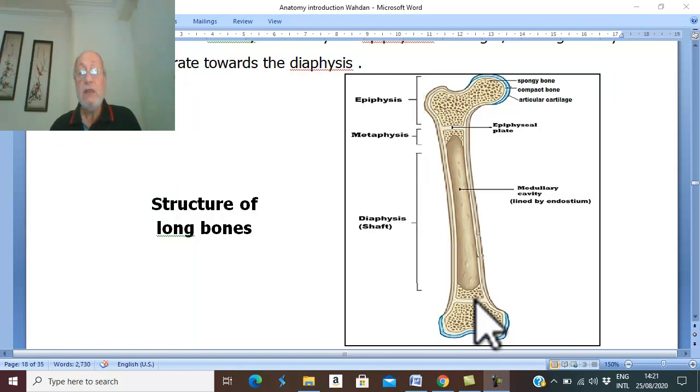Therefore, always one epiphyseal cartilage ossifies first, which in this case is the upper femoral epiphyseal cartilage, followed by the lower epiphyseal cartilage. And this is called the growing end of the bone.